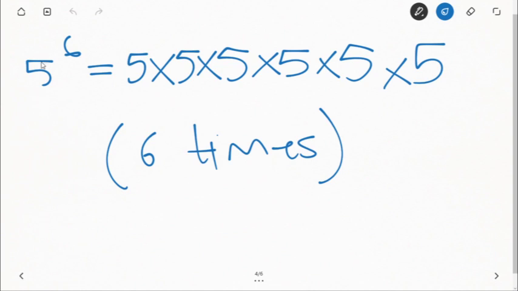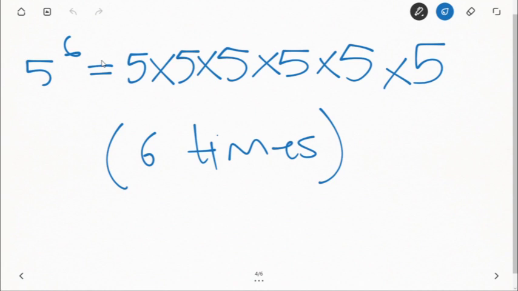If I give you 5 to the power of 6, what's the meaning of this? It means that 5 will be multiplied by 5 how many times? 6 times. So it'll be 5 times 5 times 5 times 5 times 5 times 5. So this will get repeated 6 times. So that's the meaning of 5 to the power of 6.